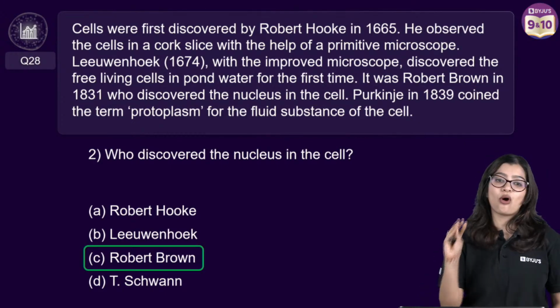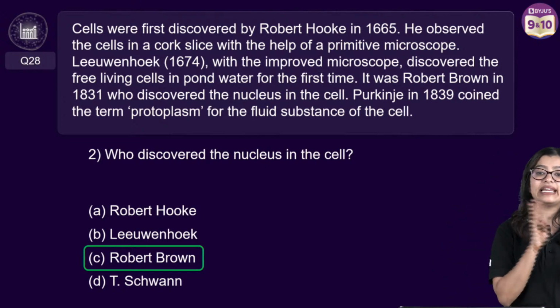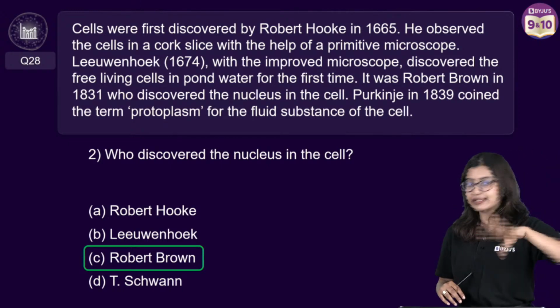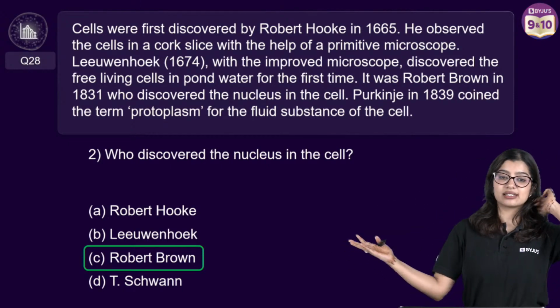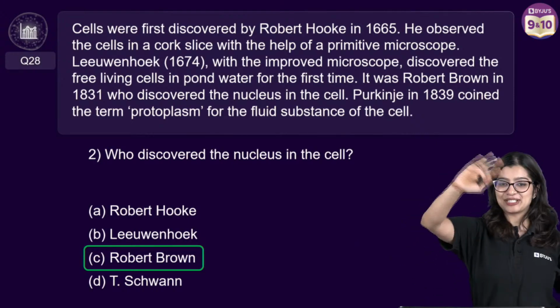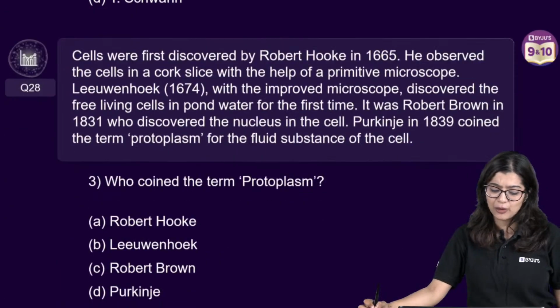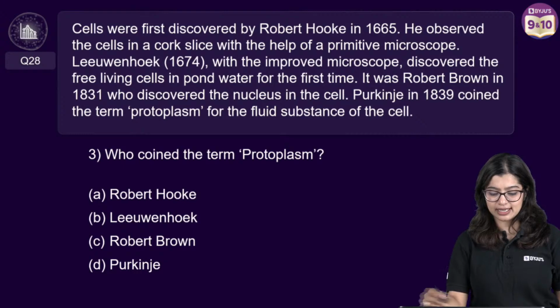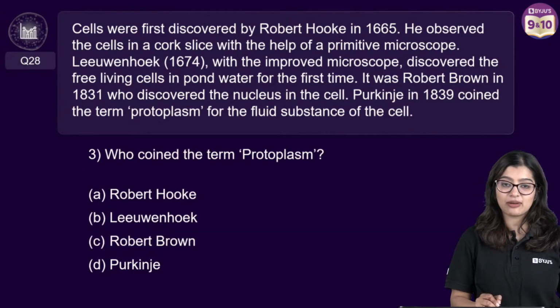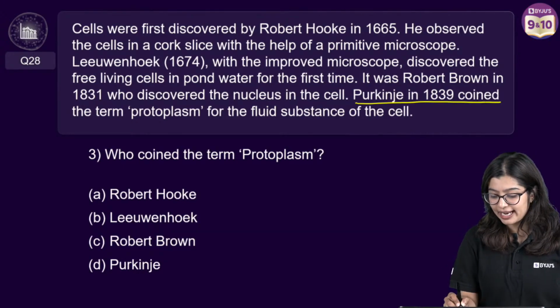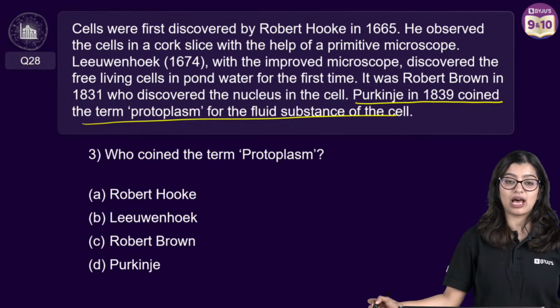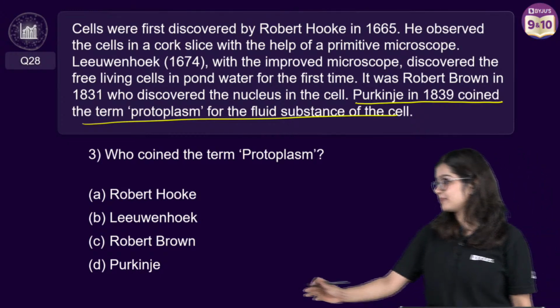See, case-based 4 marks is something you can easily get, because most of the time the answer is there in the question. Now, who coined the term protoplasm? It is in bold letters in the question itself. Purkinje in 1839 coined the term protoplasm for the living part, right?